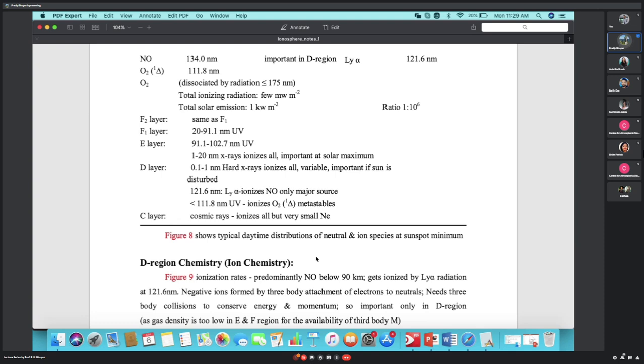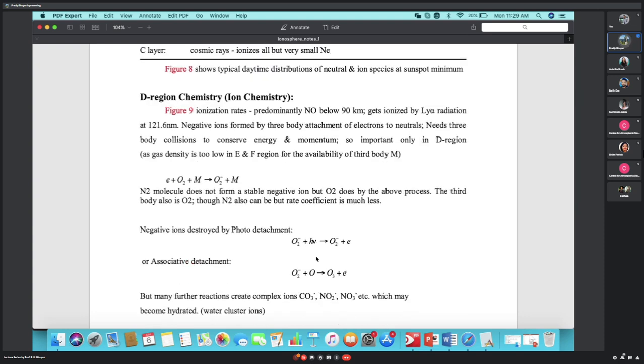You can see it in some book, it should be available, but here we will be looking at only the species which we normally know. Normally know means NO, then your O2, and then CO3, etc. So here these are given actually.